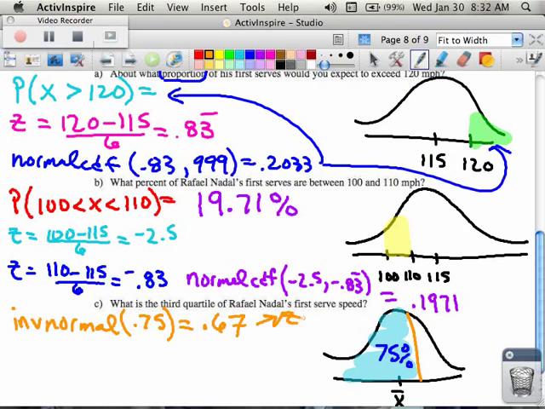And then in order to find my answer, I'm going to take my mean, which was 115, and I'm going to be above by 0.67 because it's positive 0.67, so I take 0.67 times my standard deviation, which was 6, and I get a value of 119.02. And you would say that if Nadal had a speed on his first serve of 119.02 miles per hour, he would be in the third quartile.